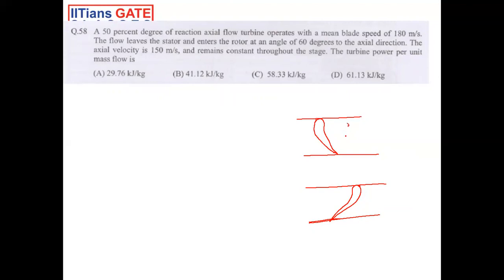So this is the fixed blade, or the stator part of the axial flow turbine, and this is the rotor blade.